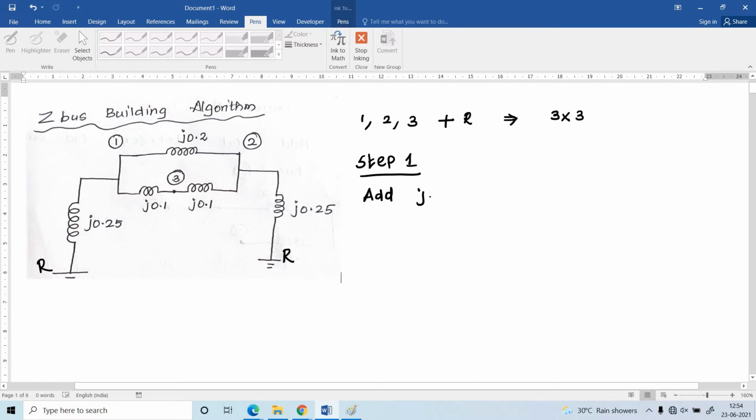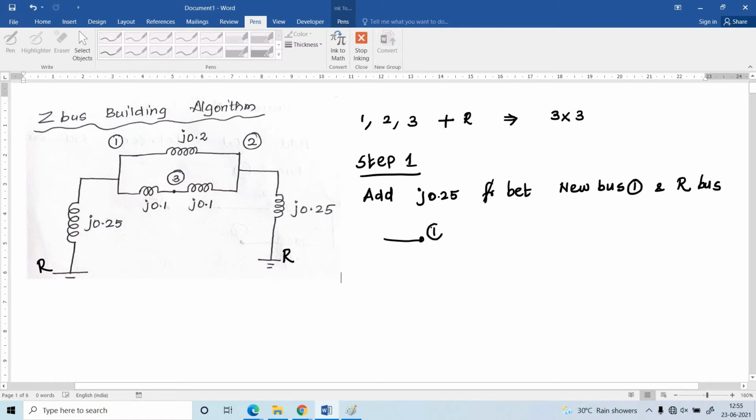Add J0.25 between new bus 1 and the reference bus. Have to redraw the circuit diagram.